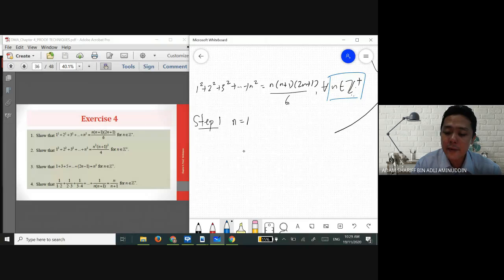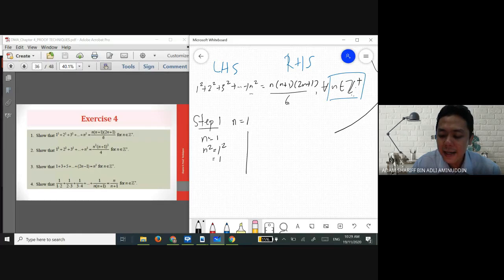Right now we have the equality here. We have right hand side for this one and the left hand side. So for step 1, kita ambil n squared. N equals to 1, n squared equals to 1 squared sama dengan 1. Settle for the left hand side.